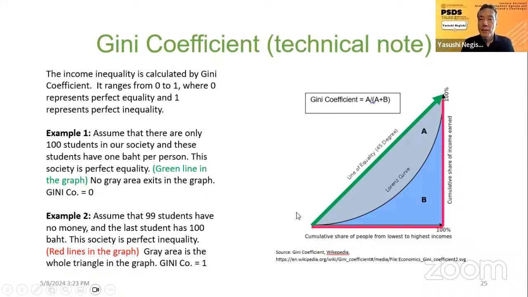If we put students number 1 to 100 here and add each student's asset, then student 1 has 1 baht, up to student 2 with 2 baht, up to student 50 with 50 baht, and student 100 with a total of 100.